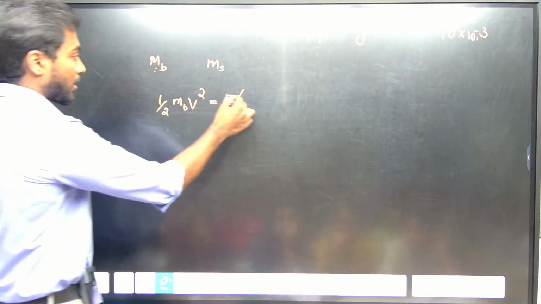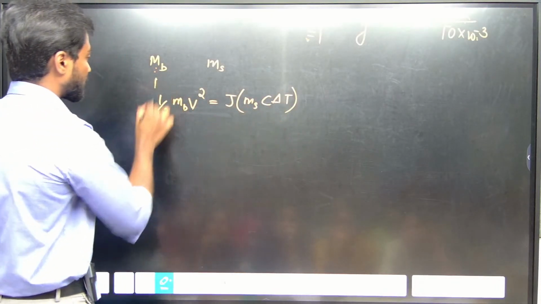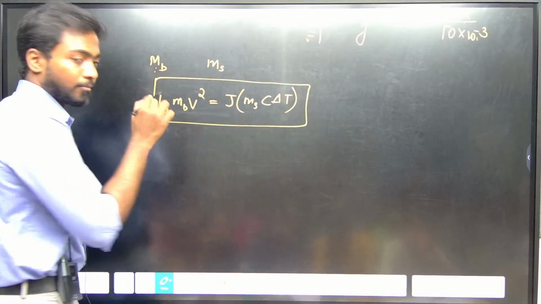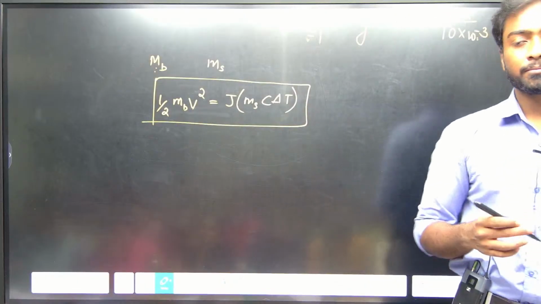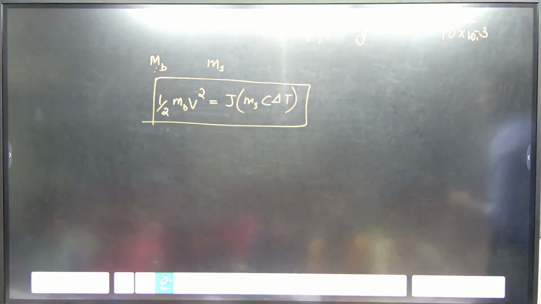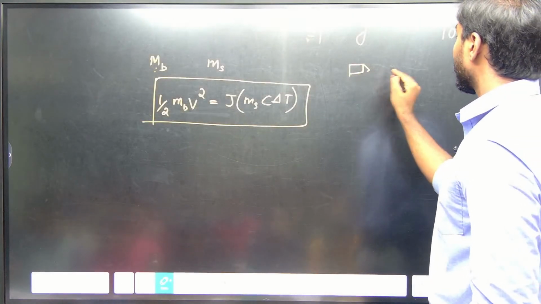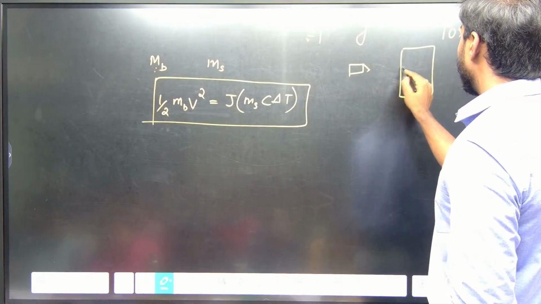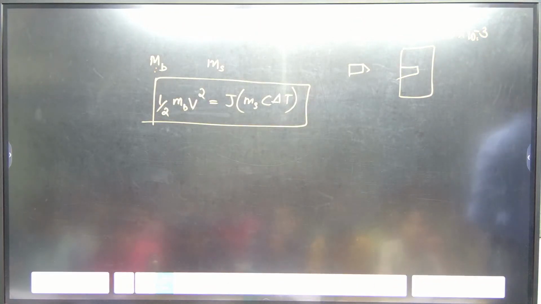This is my formula. So the bullet is going and hitting the metallic slab, and a rise in temperature will take place.